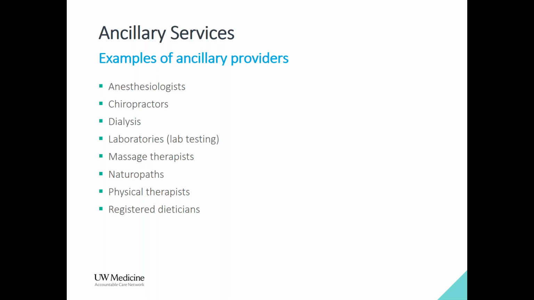However, there are a number of ancillary services that are not part of the UW Medicine Accountable Care Network that are still provided through UMP. So if you are in need of any of those services, it would be really great for you to go to our website and click into ancillary care and see the types of services that are provided either through the UW Medicine Accountable Care Network or through Regions.